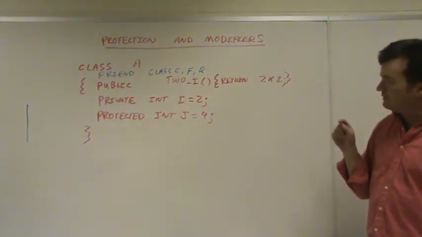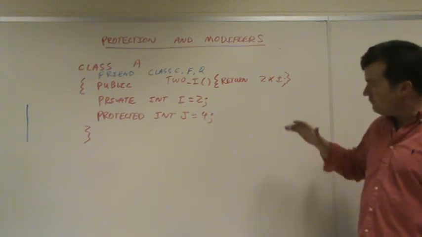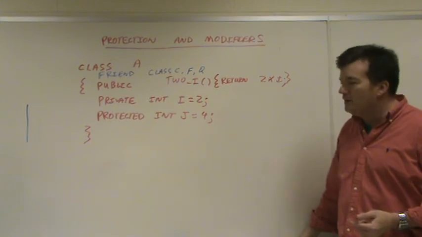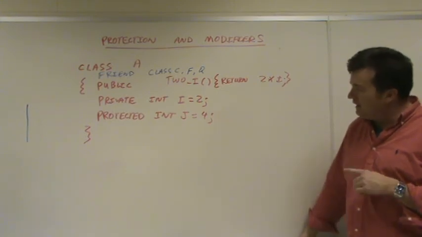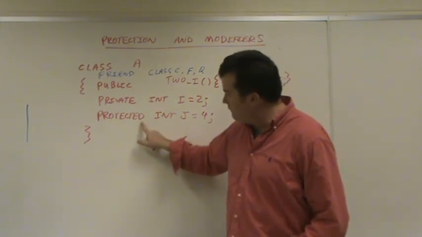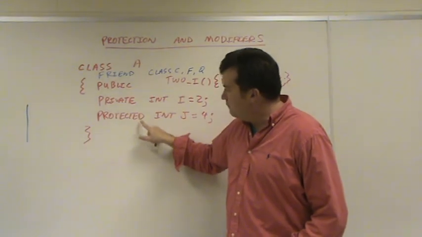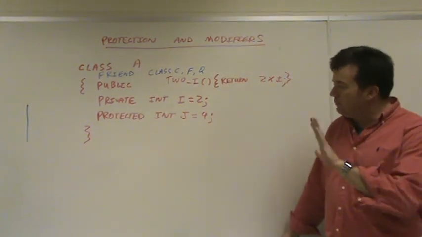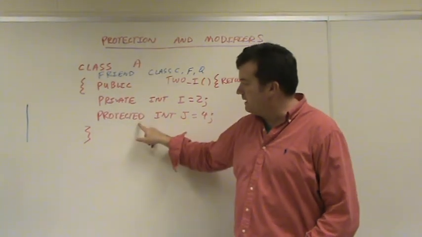So Java came up with this idea that they would put classes into packages, and we've used packages before. Any field that's marked protected means it's not accessible to the outside world, but it is accessible to any class within the same package.